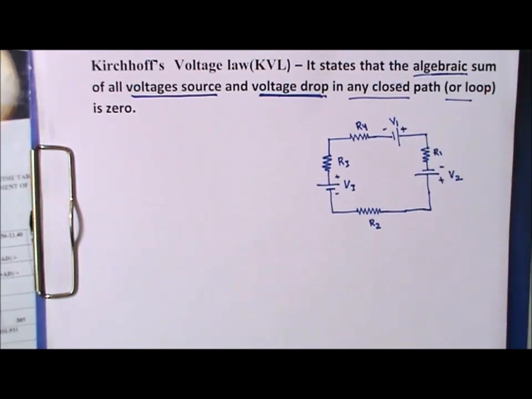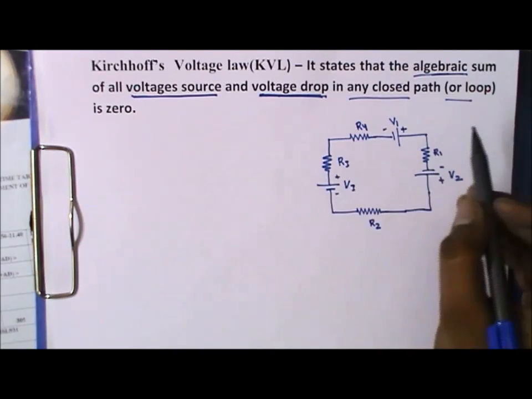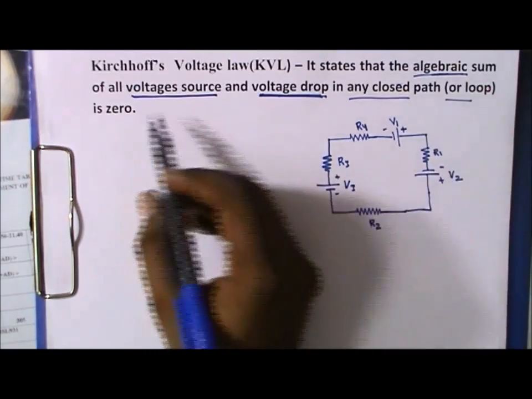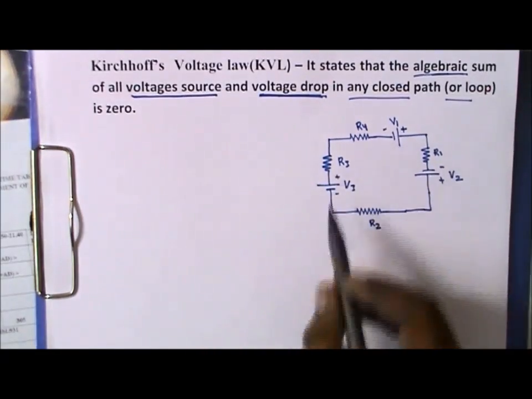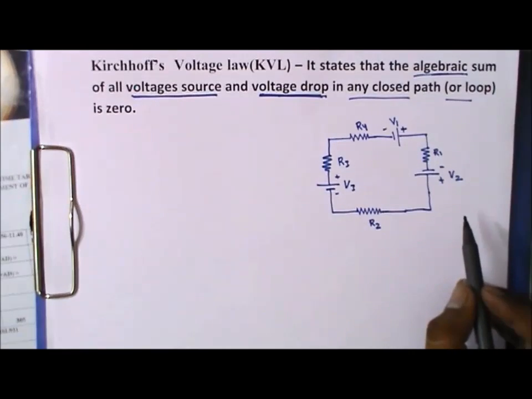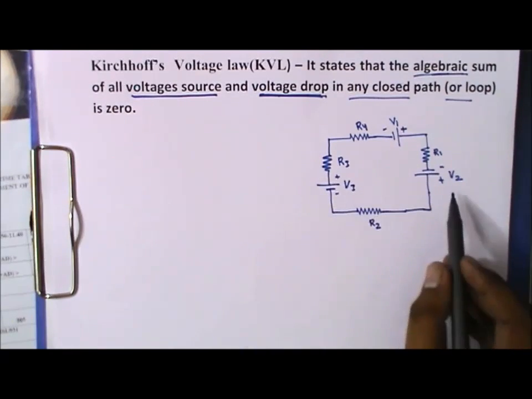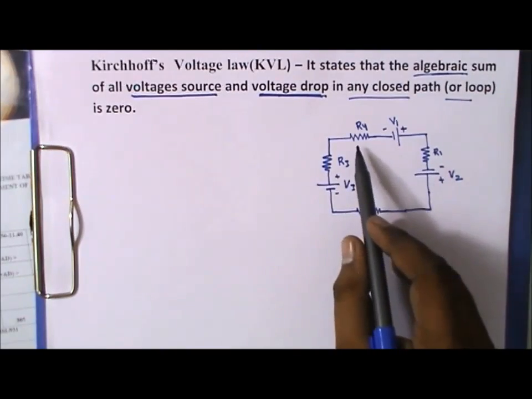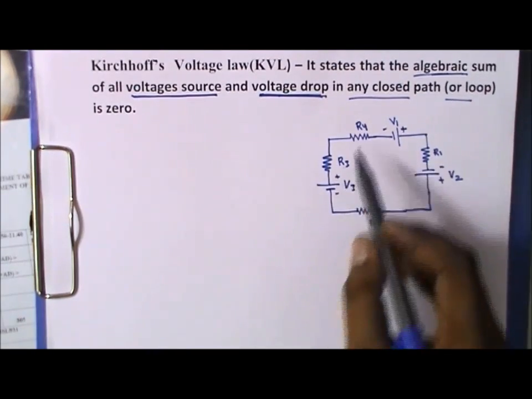Let us suppose this is a circuit where we have to apply the KVL equation. It states, I am just repeating for the sake of explanation, the algebraic sum of all the voltage sources. In this circuit there are basically three voltage sources that we have shown, V1, V2 and V3, and the voltage drops, which are across R1, R2, R3 and R4.